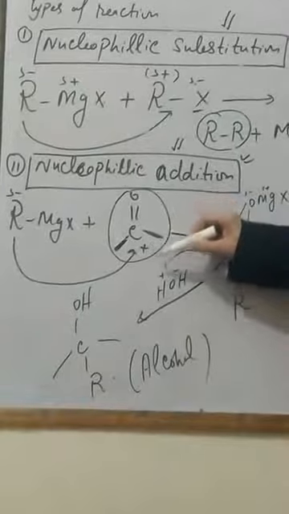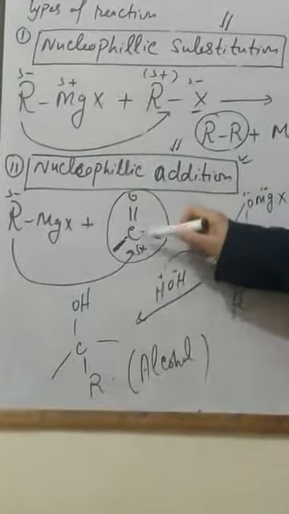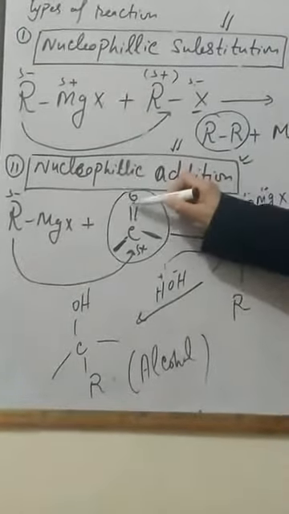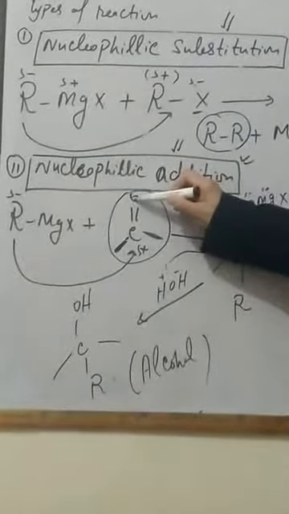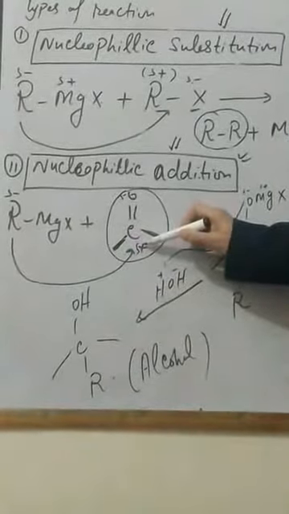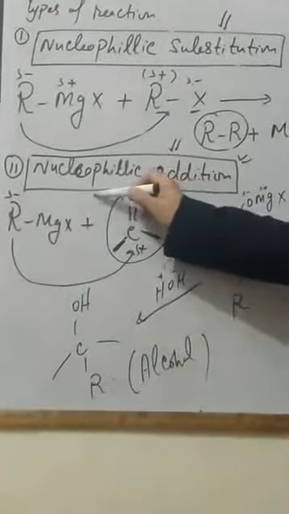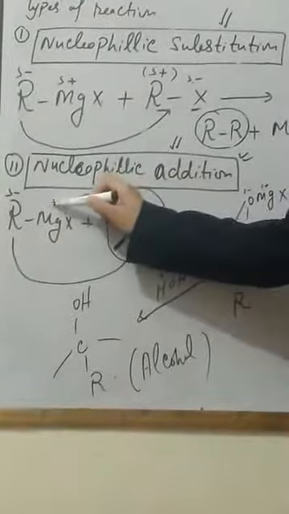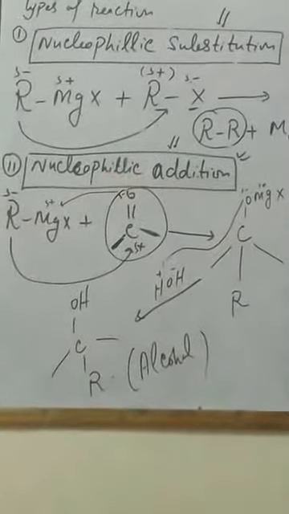Carbon bears a slight positive charge, and this is due to the difference in the electronegativity of oxygen and carbon. Here it is slight negative and slight positive. And here this nucleophile will attack this positive center, while this negative oxygen will attack the positive charge on magnesium.